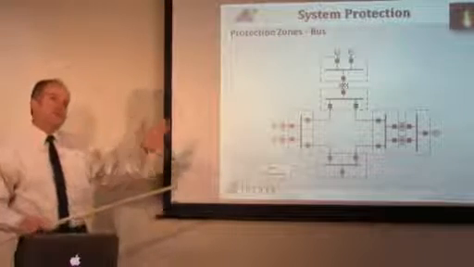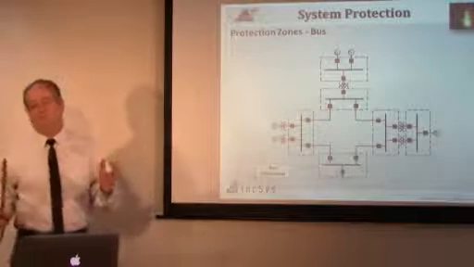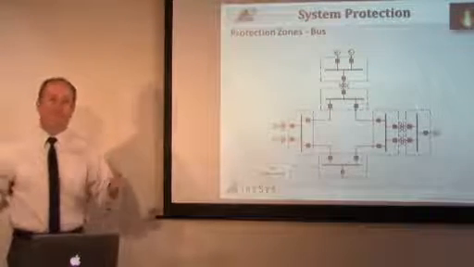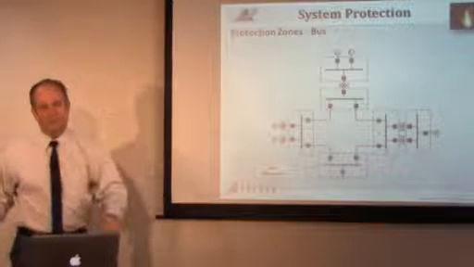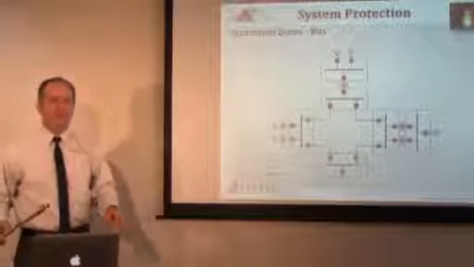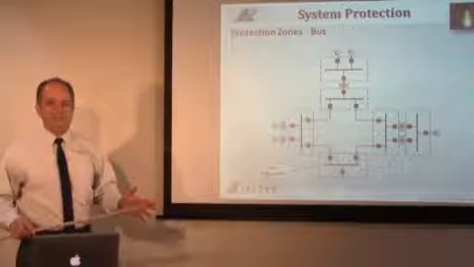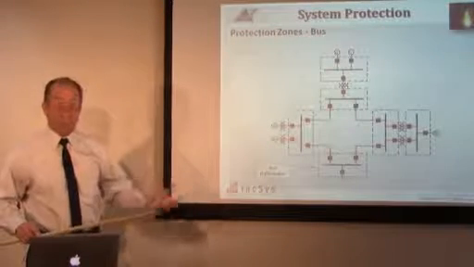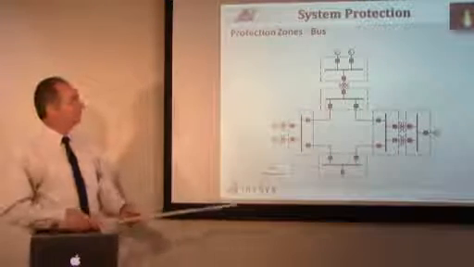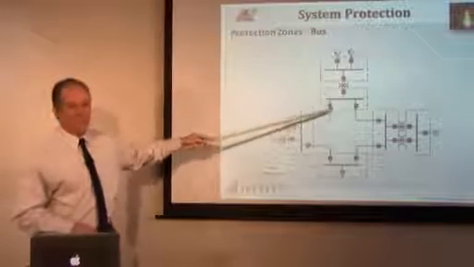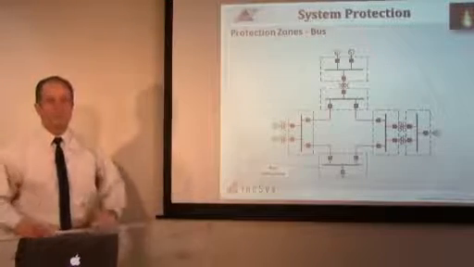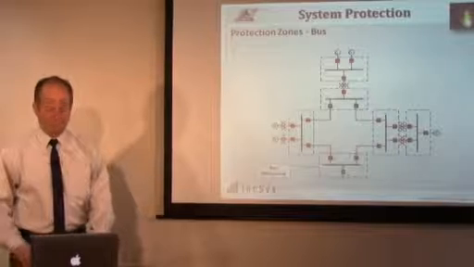If the current going into the bus doesn't equal the current going out, then there could be an animal or something in the bus causing power to go to the ground grid, and therefore that's energized all the breakers that could keep the bus energized. So bus differential can trip several breakers just to get that bus de-energized. Okay, that's bus differential.